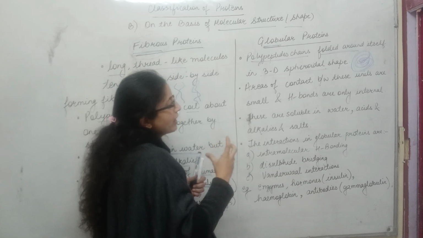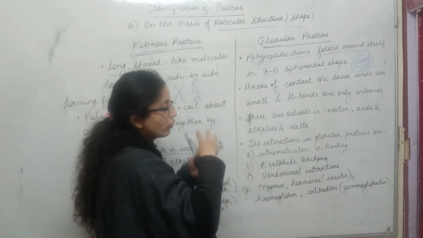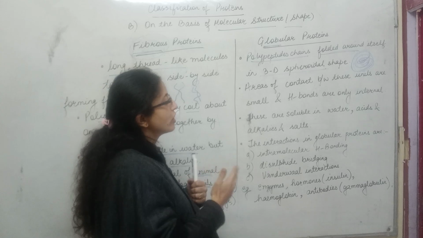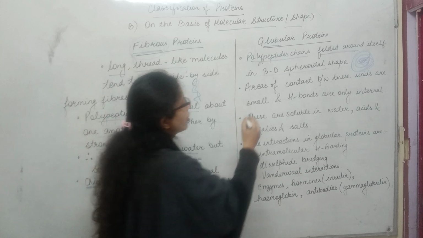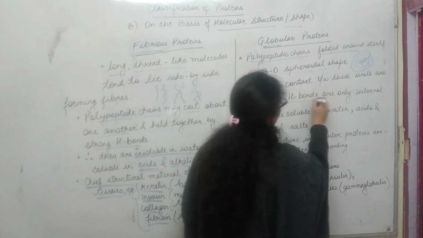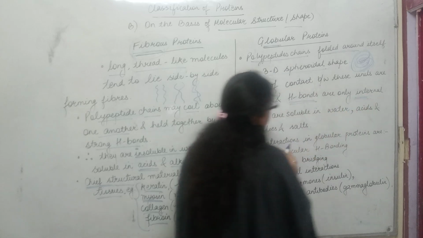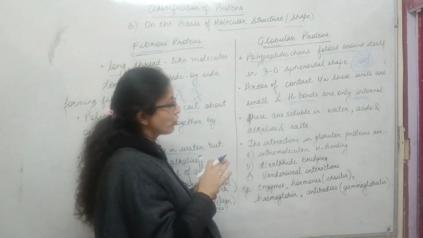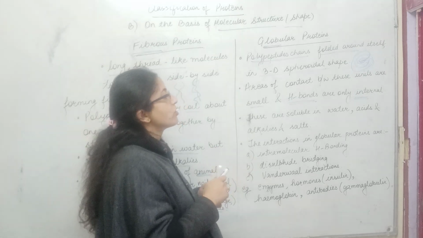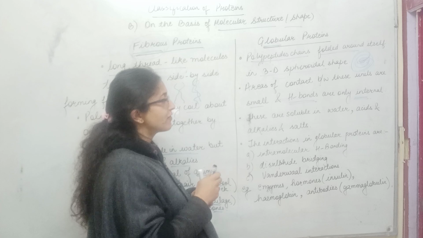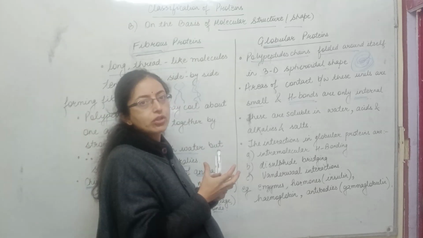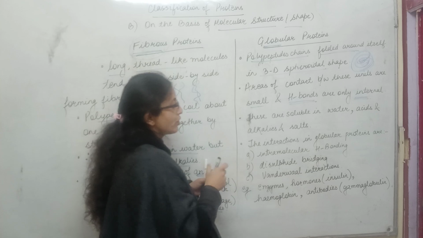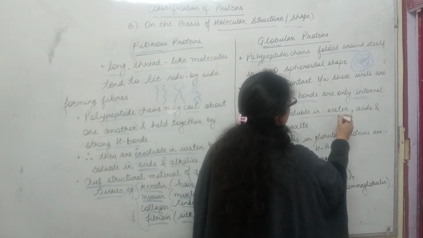Now the areas of contact between these units are small because they are coiling around themselves. So the areas of contact between units are small and hydrogen bonds are only internal. Within the polypeptide chains, at certain points hydrogen bonding will be there. Because the hydrogen bonding is within the molecule, intramolecular hydrogen bonding, they are soluble in water.